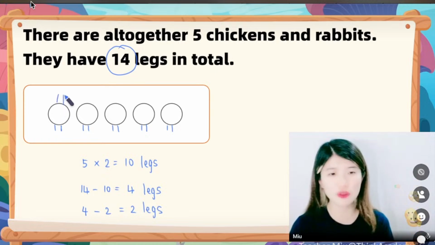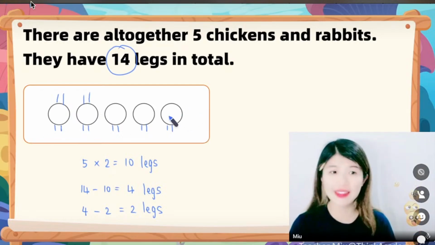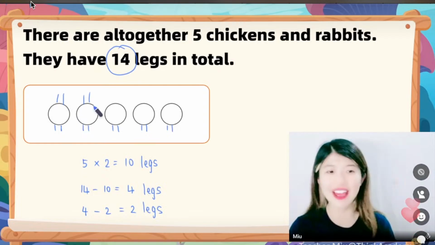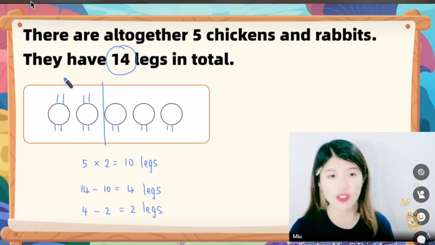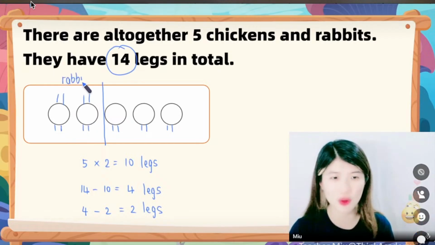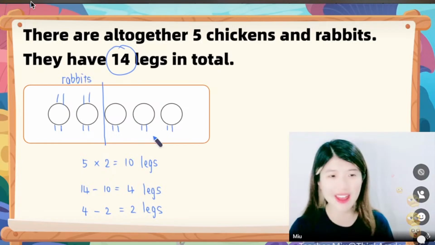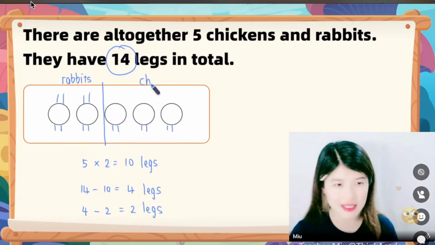For this one, 2. But not enough, right? I still need 1 more, 2. So in the end, you will find out these 4 legs are actually for the rabbits. So we have 2 rabbits and 3 chickens.